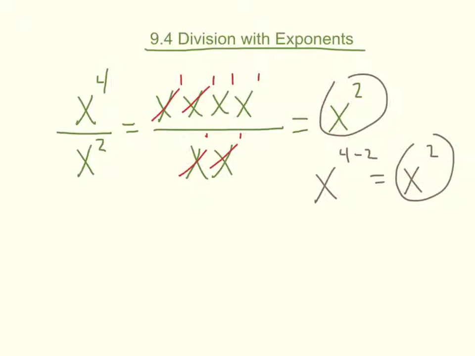I typically tell students that because we tend to remember the multiplication property, since that's what we use more often, I help them remember by having them think, division's the opposite of multiplication. I know that with multiplication, I add the exponents. So when I divide, I must do the opposite, which is subtract.